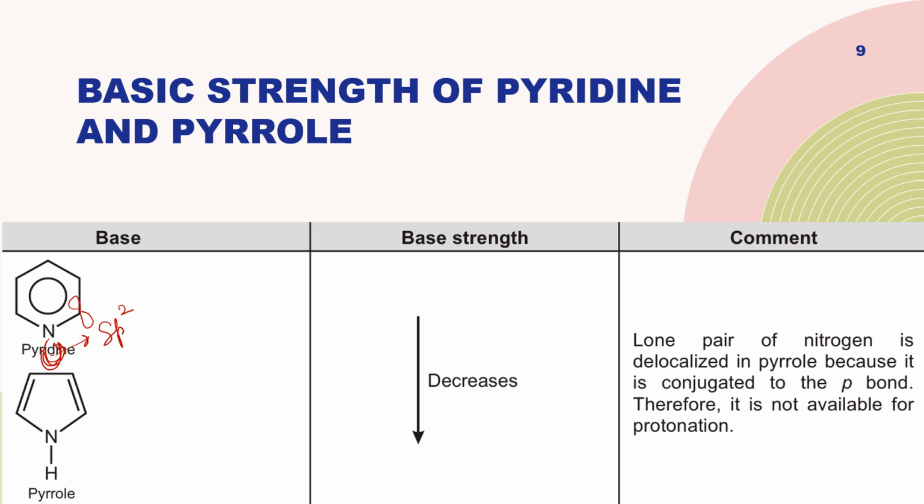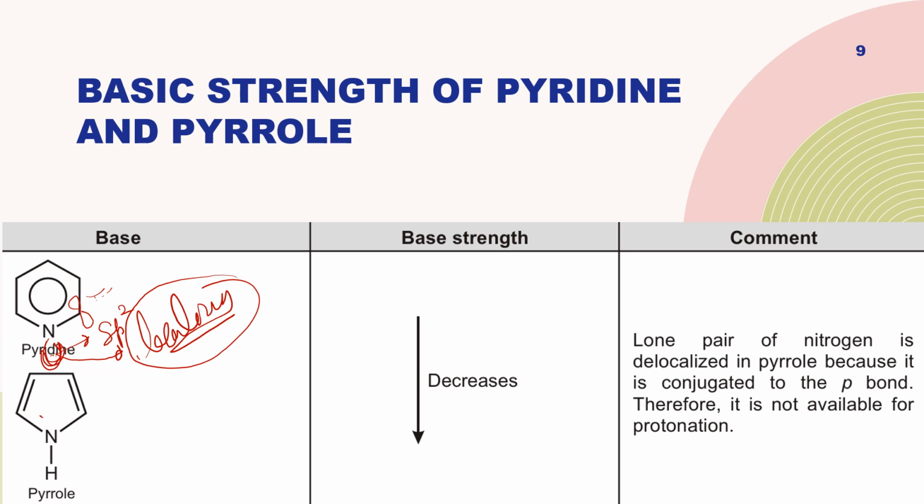That's why it is a localized electron. So we can say in pyridine, the lone pair is not in conjugation. Actually, in pyridine, pi-pi conjugation is present. So the lone pair is a localized electron. The lone pair is not delocalized.